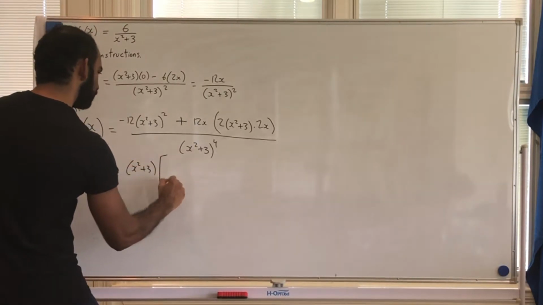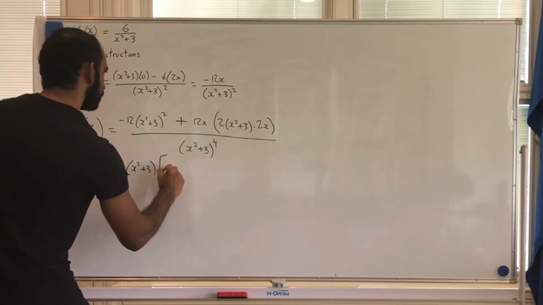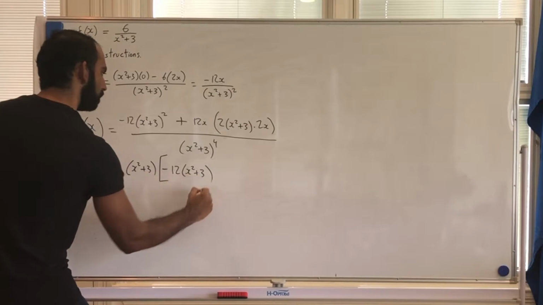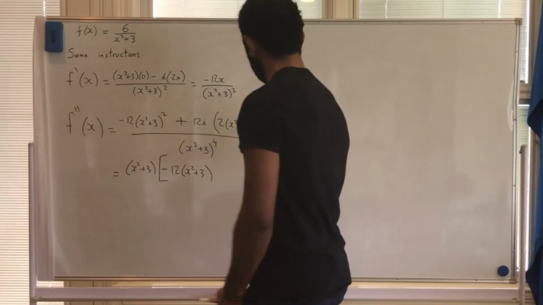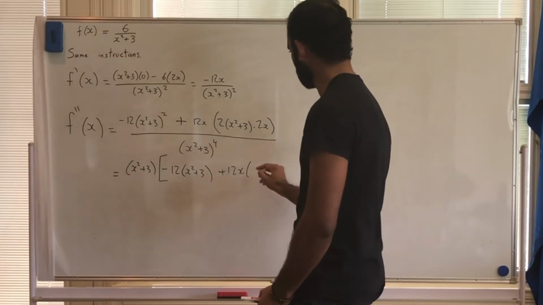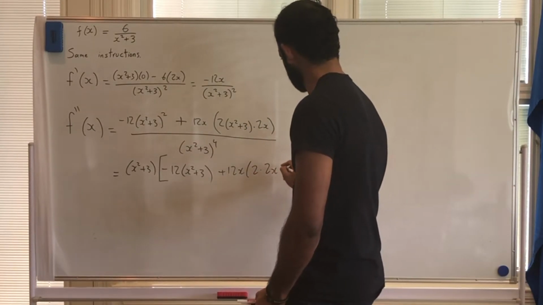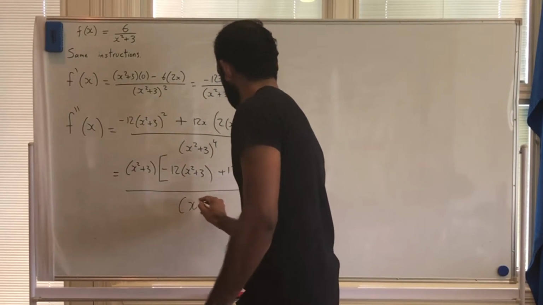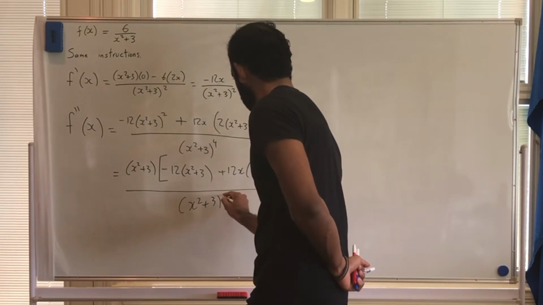Factor that out, I'll put the leftovers in brackets. That is negative 12 times 1 x squared plus 3, plus 12x, all times 2 times 2x, yes? All over x squared plus 3 to the 4th.